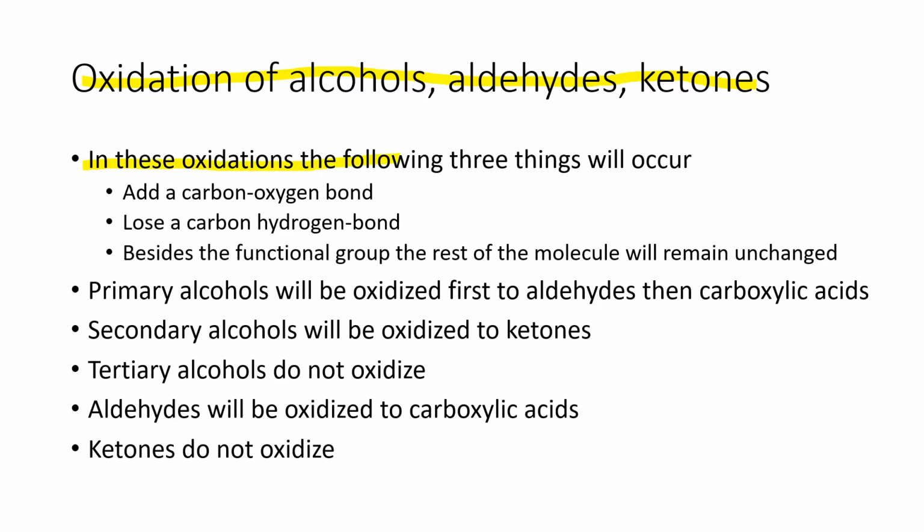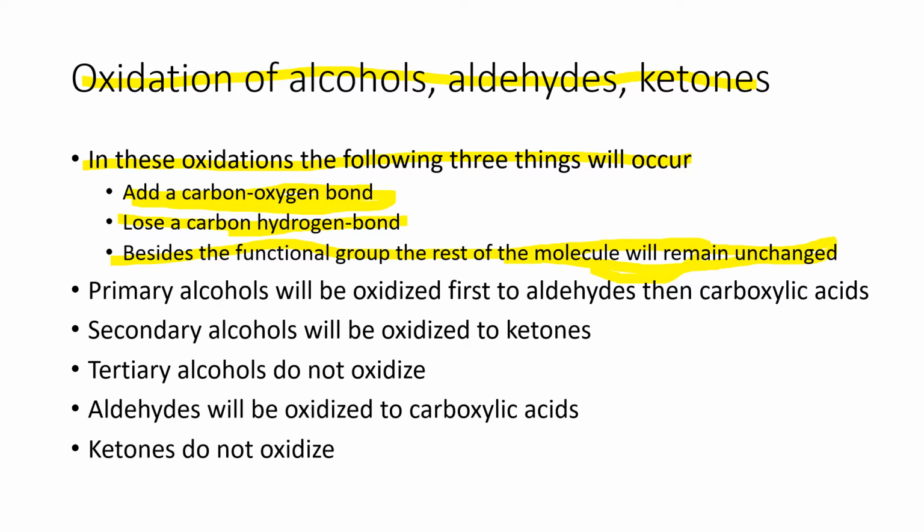So in these oxidations, the following three things are going to occur. We're going to increase the number of carbon-oxygen bonds by adding one. To make room for that new carbon-oxygen bond, we lose a carbon-hydrogen bond. And then, besides the functional group, the rest of the molecule is going to remain unchanged.